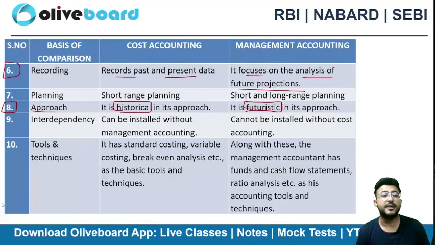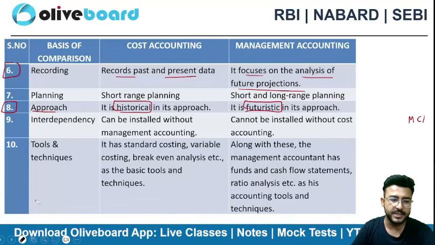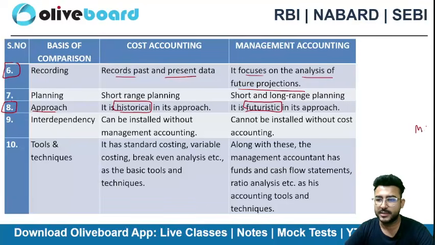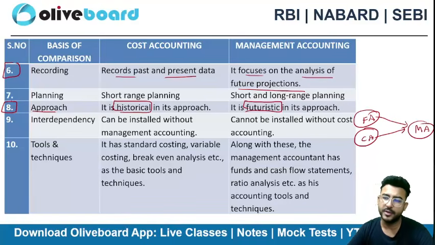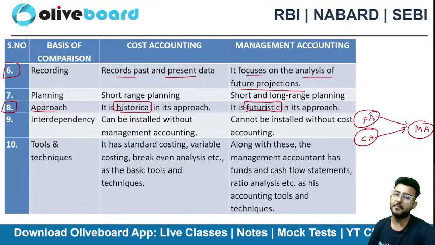Okay. Interdependency. Who is dependent on what? Management accounting is completely dependent. First, you need to prepare financial accounts and cost accounts. Then the data will go to management accounts. Ultimately, you need financial accounting data and cost accounting data in order to make the management accounts.